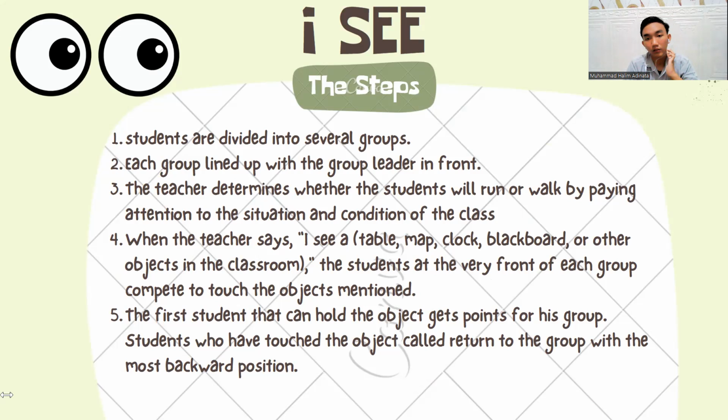The students at the very front of each group compete to touch the object mentioned by the teacher. The first student that can hold the object gets point for his group. Students who have touched the object return to the group with the most backward position.